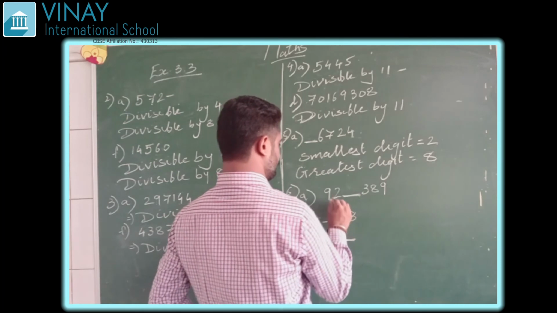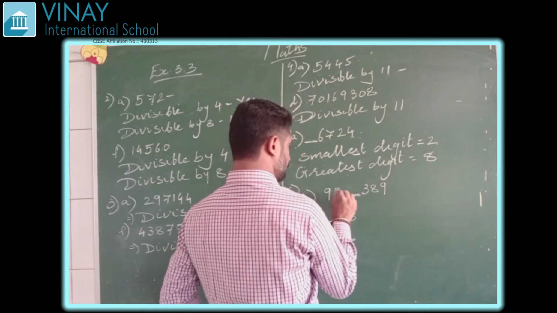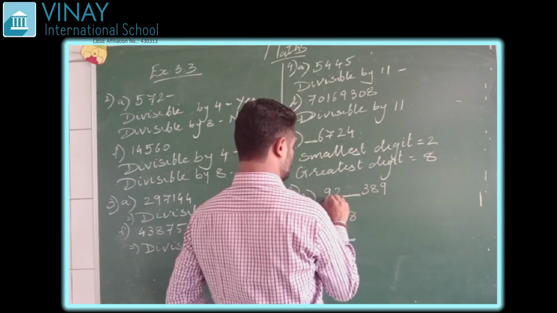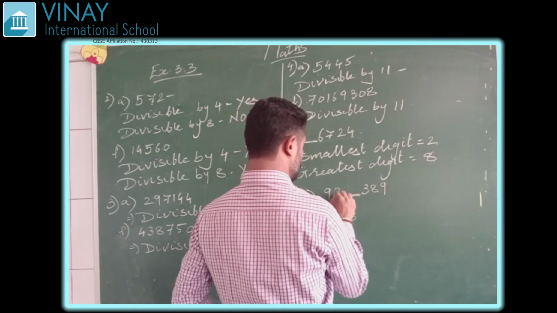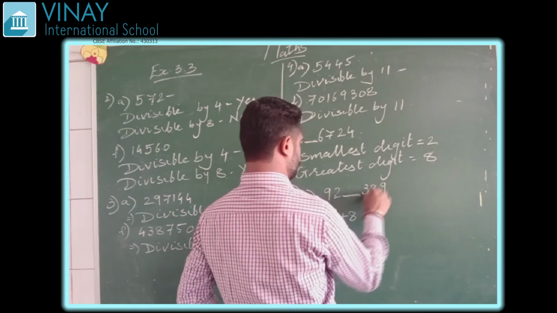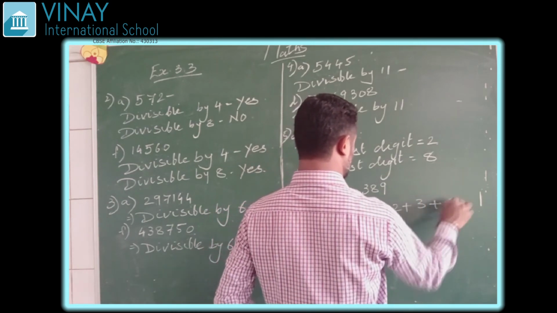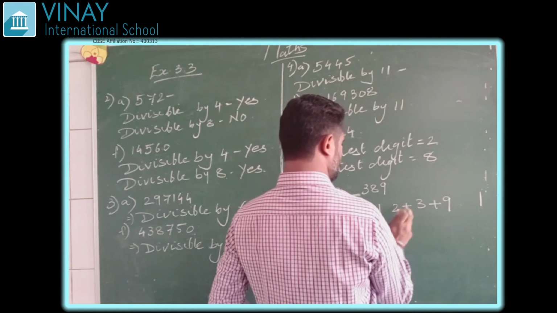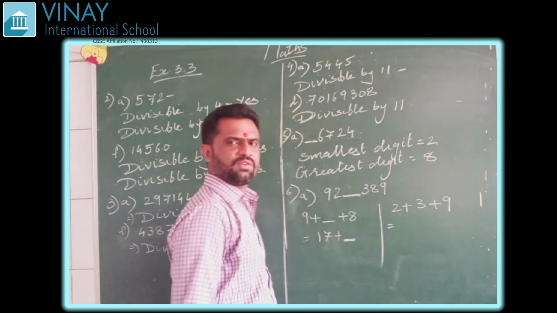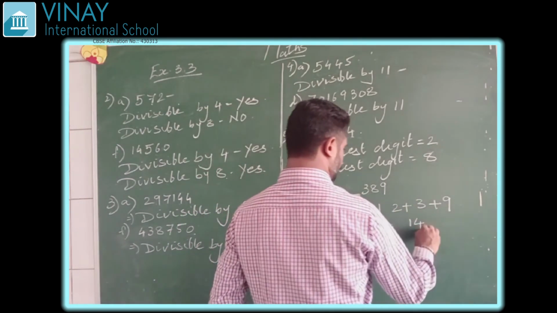Then 2 plus 3 plus 9. 2 plus 3 is 5 plus 9 is equal to 14.